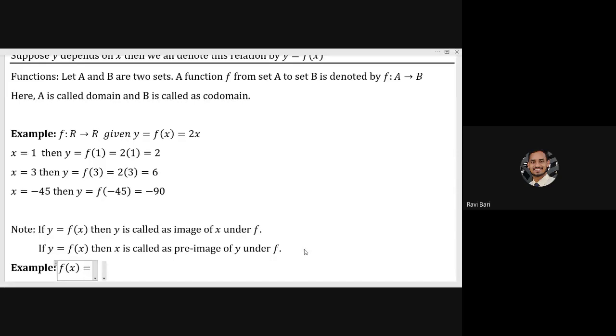f of x is equal to 3x plus 2. सपोज फंक्शन इस तरह से डिफाइन किया गया है.